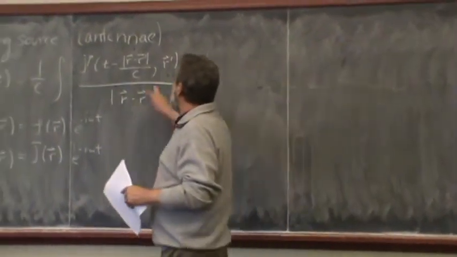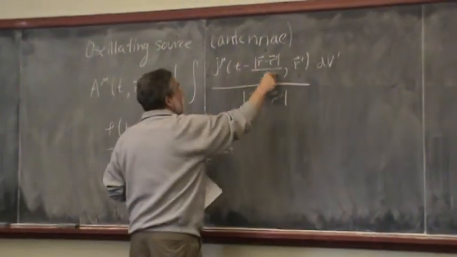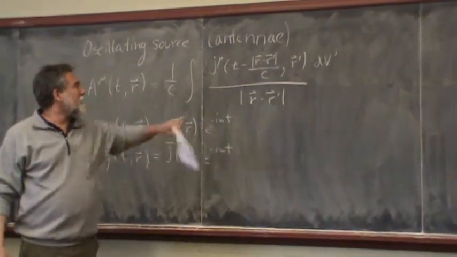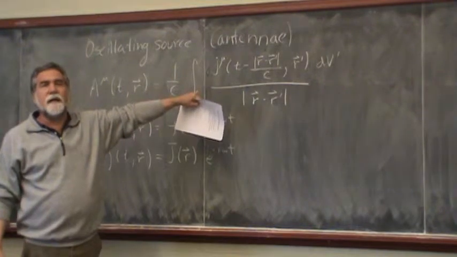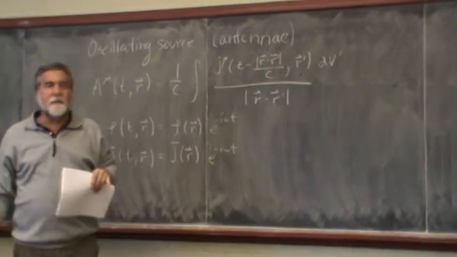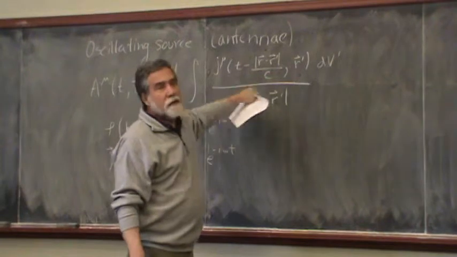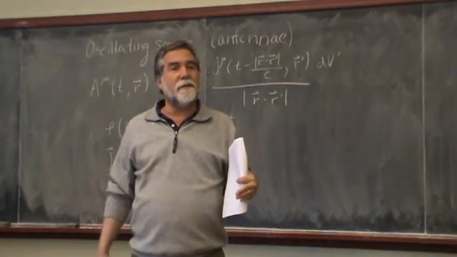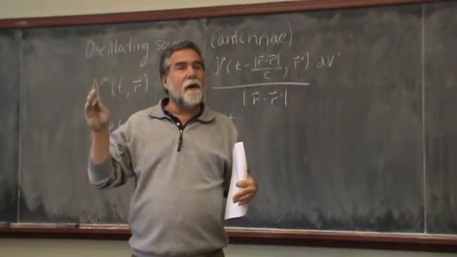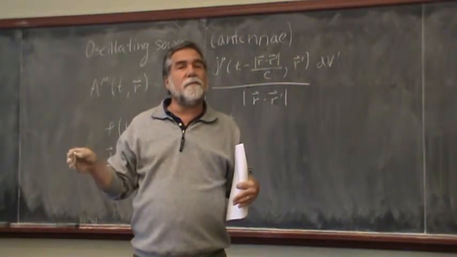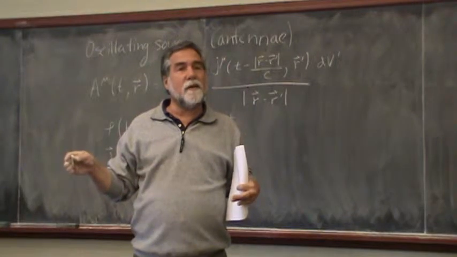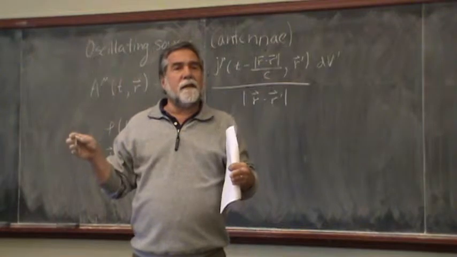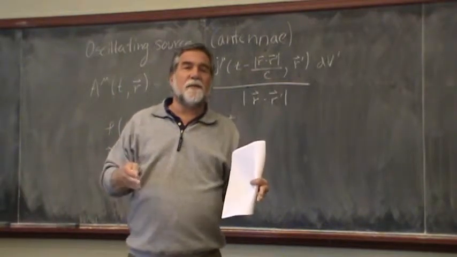Since I've explicitly now put the time dependence in T prime in here. And actually, I have to answer a question that I was asked at the last class with respect to a third term in the set of partial derivatives that involved the derivative with respect to T prime. I was asked, why is that term there?